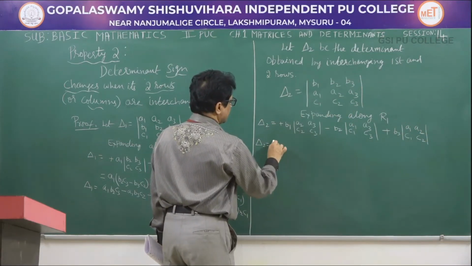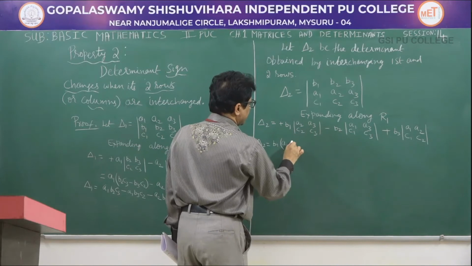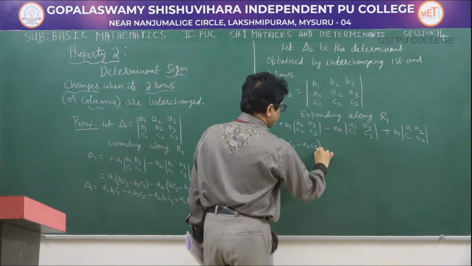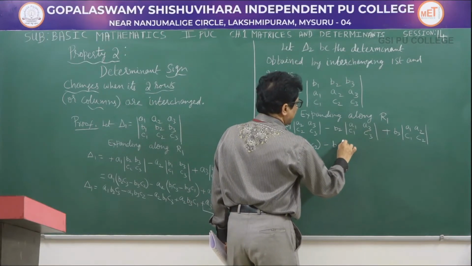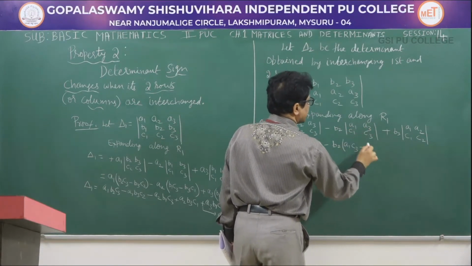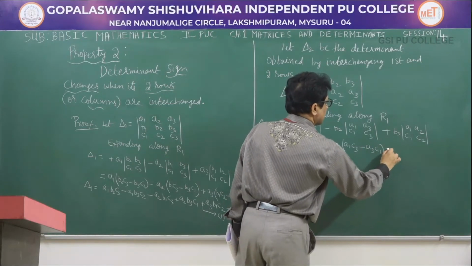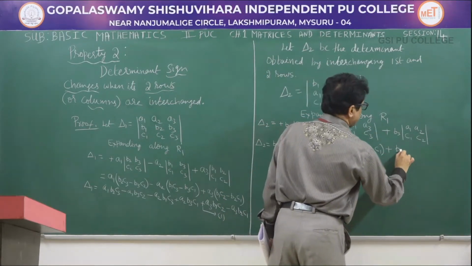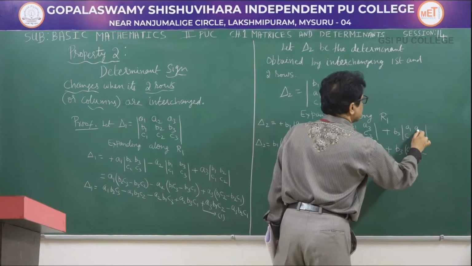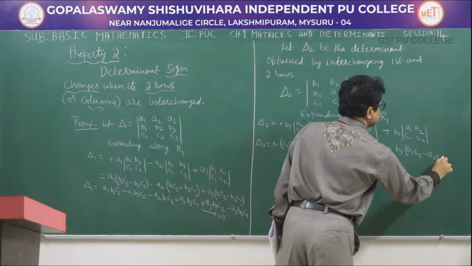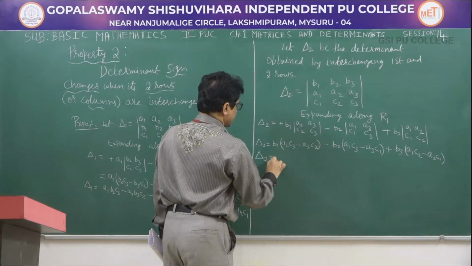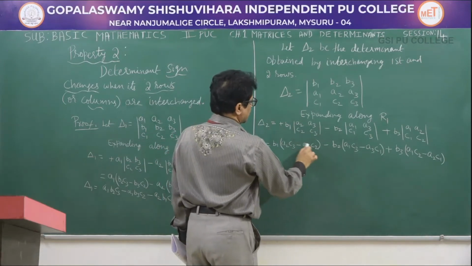So delta 2 is equal to B1 into A2 C3 minus A3 C2, minus B2 into A1 C3 minus A3 C1, plus B3 into A1 C2 minus A2 C1. So let us multiply B1 to both the terms.